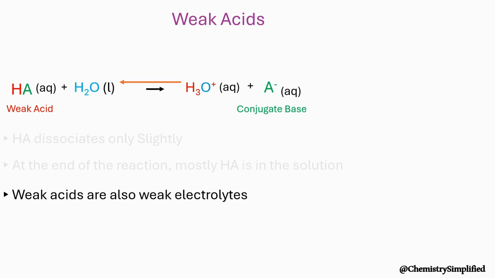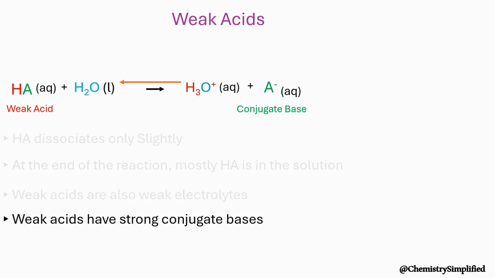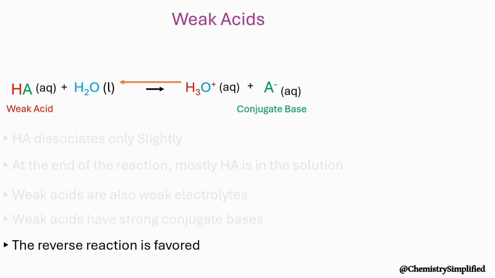Weak acids are also weak electrolytes. On the other hand, weak acids have strong conjugate bases, meaning that A- is a very strong conjugate base because it's from a weak acid, in this case HA. And the reverse reaction is favored, meaning that we'll find more reactant in solution than product.